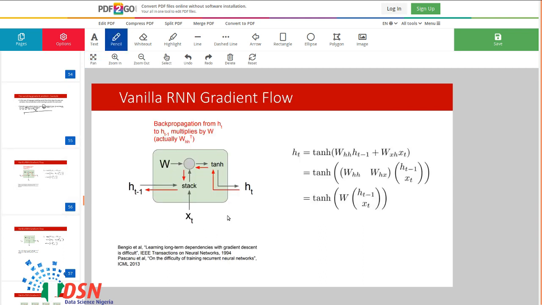In a vanilla RNN, we could show this with an RNN block diagram.